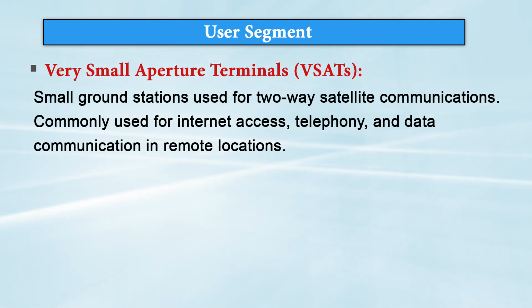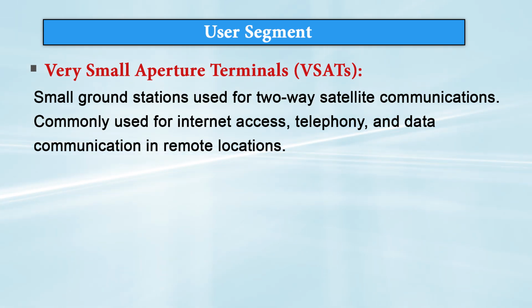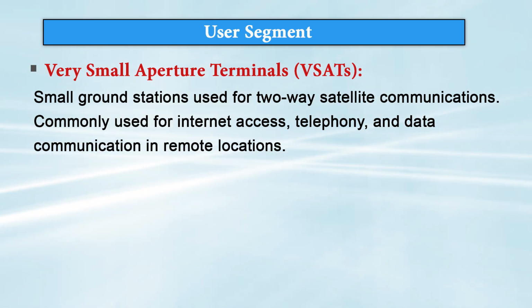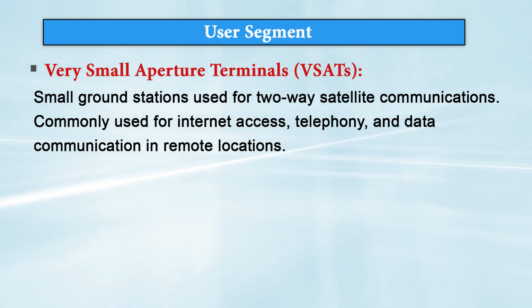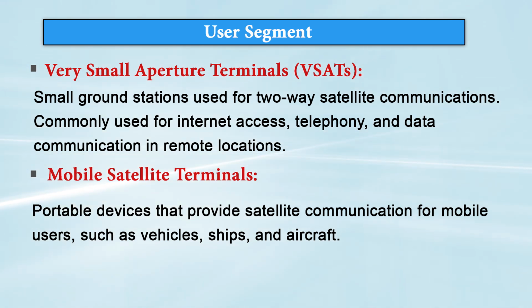In the user segment we have VSATs, which stands for very small aperture terminals, a small ground station used for two-way satellite communication, commonly used for internet access, telephony and data communication. Then we have mobile satellite terminals and broadcast satellite receivers in the user segment.